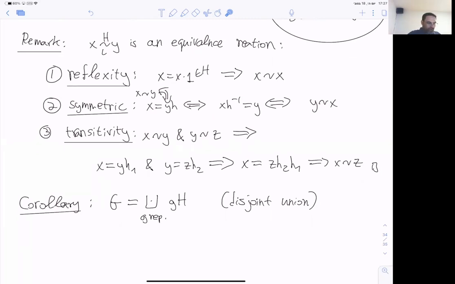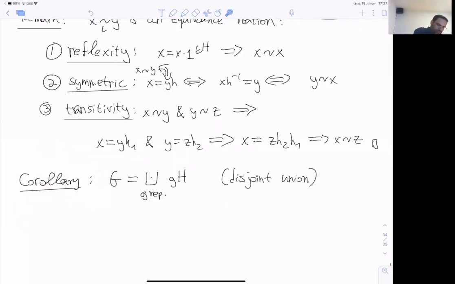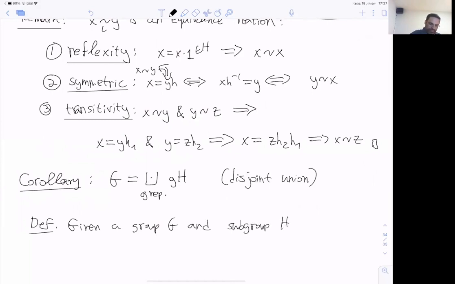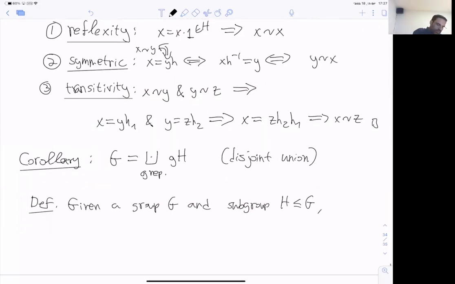So we call this set, given a group G and subgroup H, G modulo H, which is the set of all cosets.